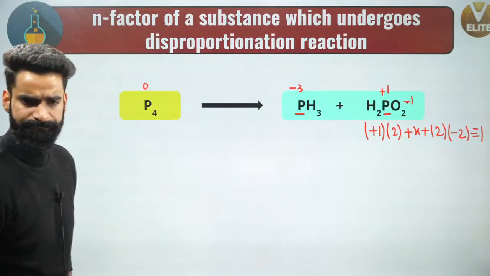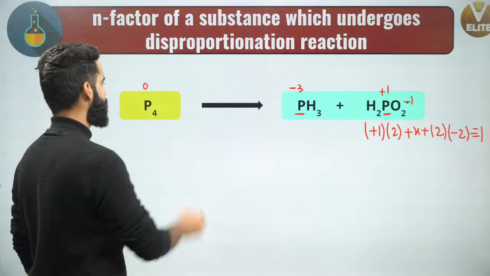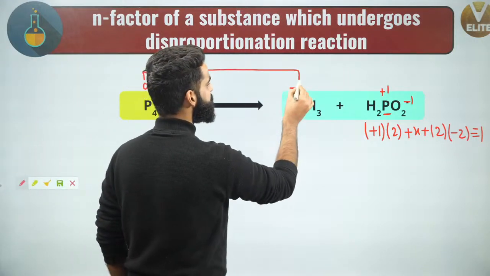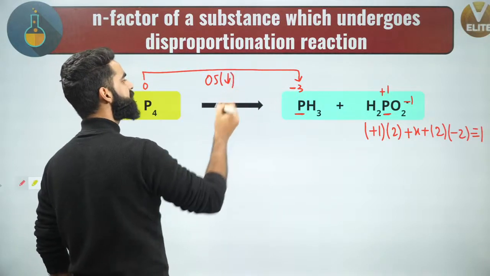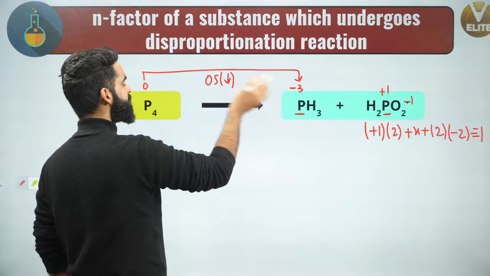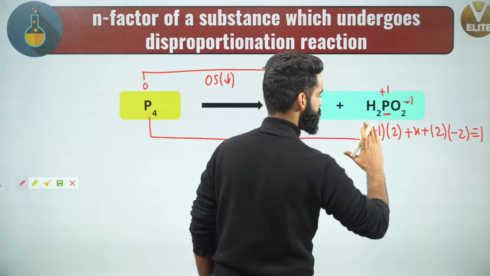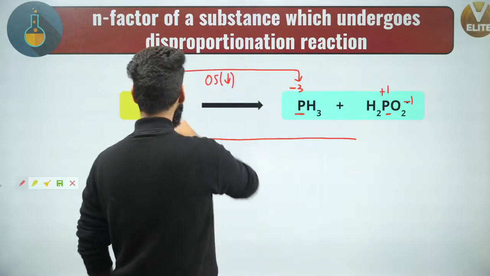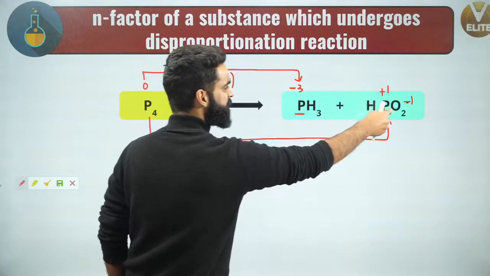Yes, very simple. Now people understand, the oxidation state of phosphorus here is decreasing from 0 to -3. So in this process, this P4 is undergoing reduction. What about the oxidation state of phosphorus here? It is +1, right?